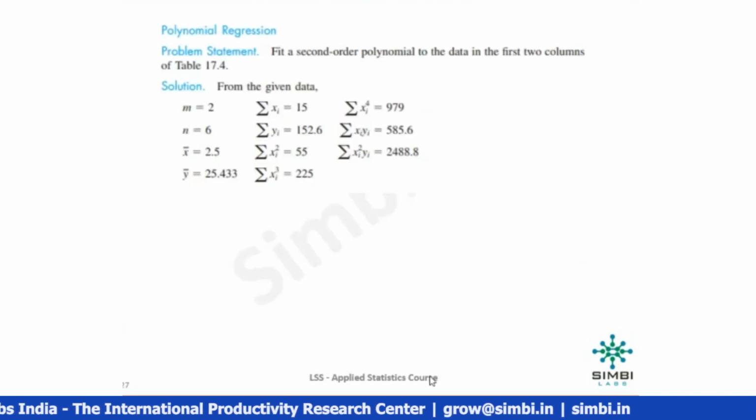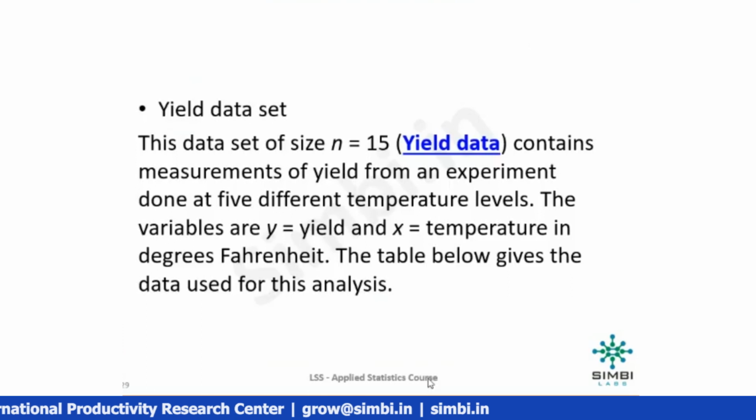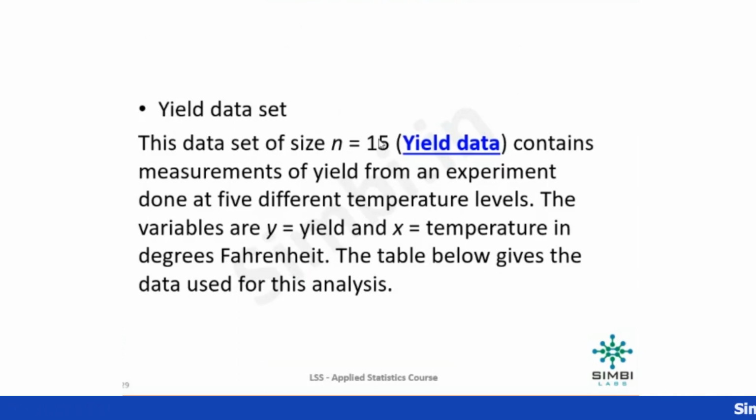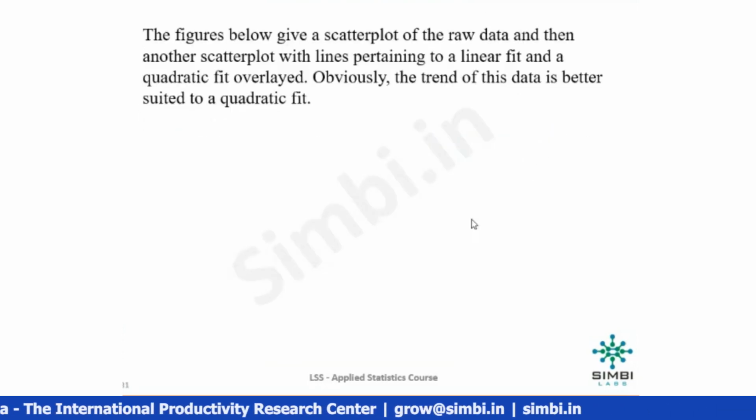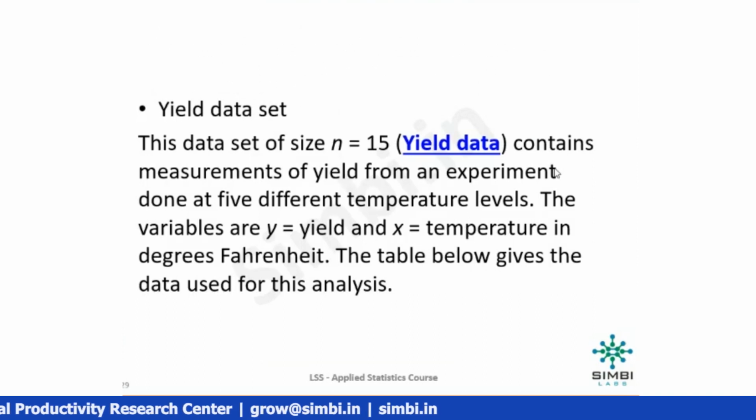Next, we'll see one example about polynomial regression. In the yield data set we have the data set of size n equal to 15. This yield data contains measurements of yield from an experiment at 5 different temperature levels.